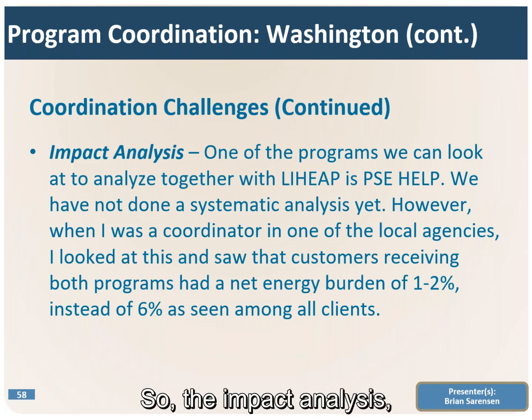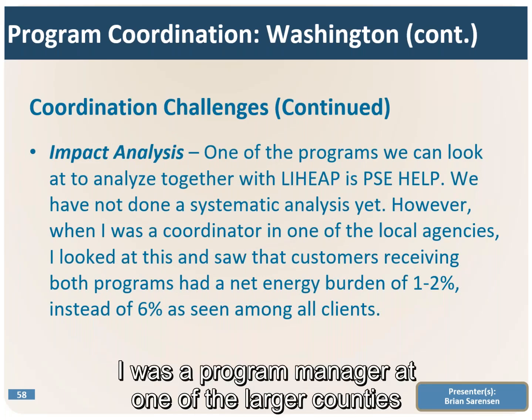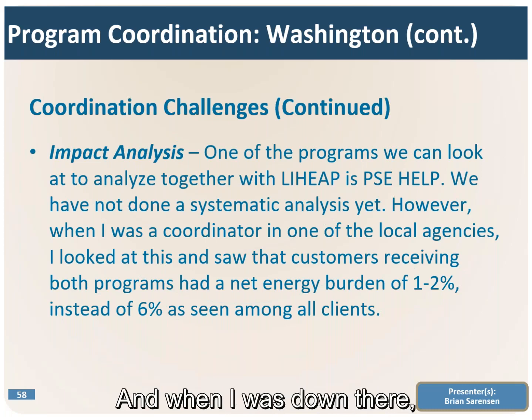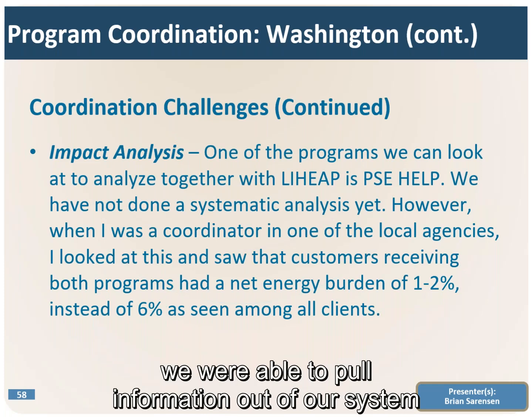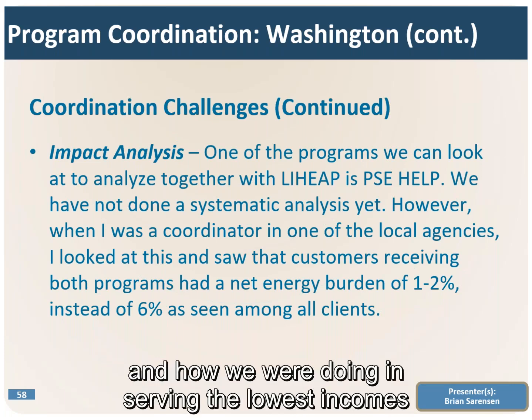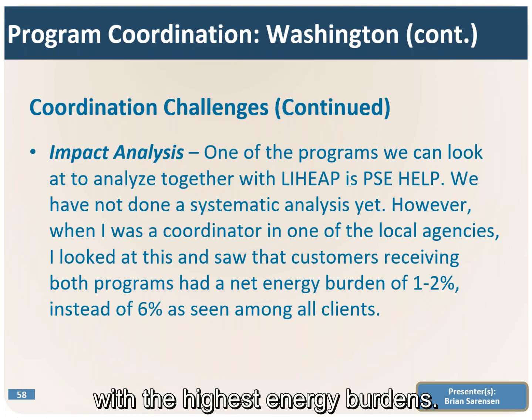So the impact analysis. I was a program manager at one of the larger counties for LIHEAP, weatherization, and home repair program. And when I was down there, we were able to pull information out of our system to take a look at energy burdens and how we were doing in serving the lowest incomes with the highest energy burdens.